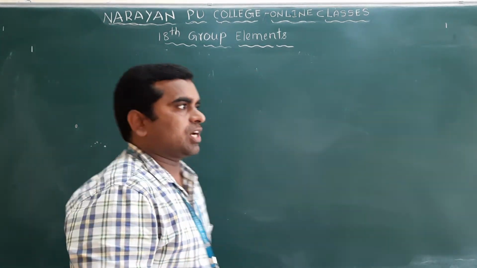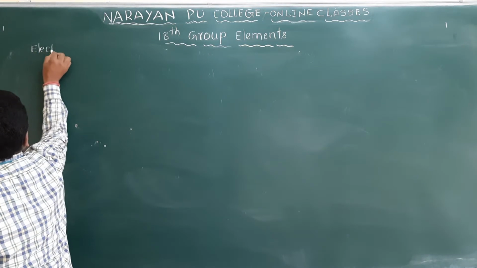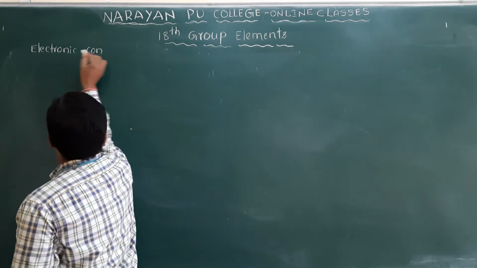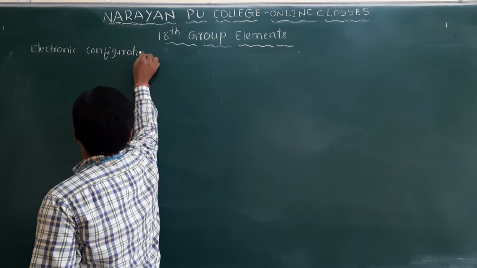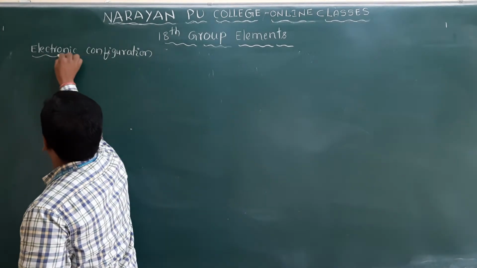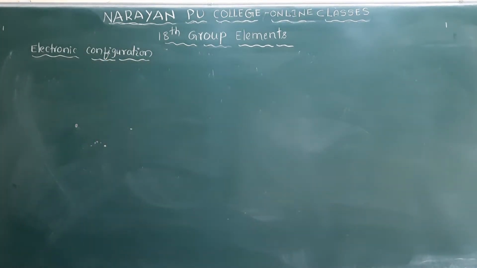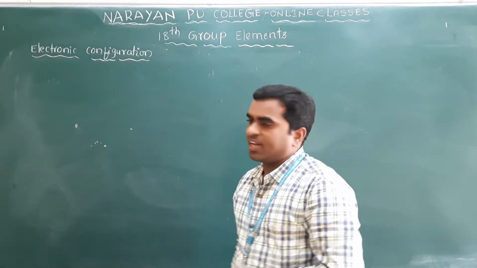So the next one is electronic configuration. Put the heading electronic configuration. If you take electronic configuration, we will draw one table here.